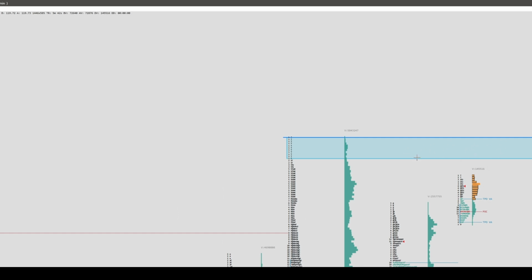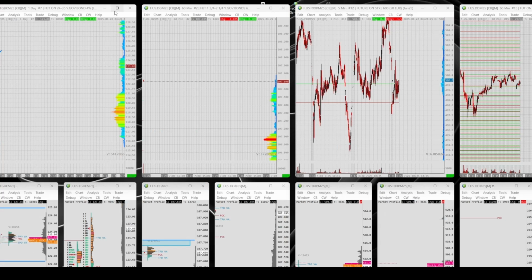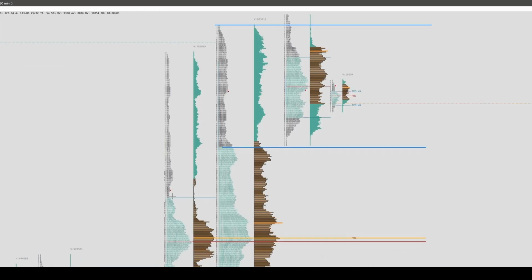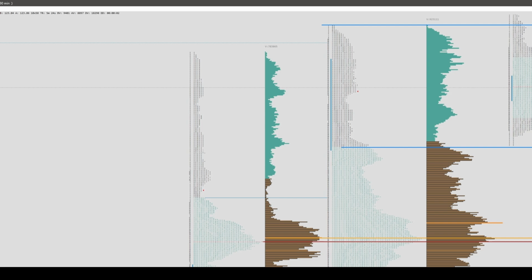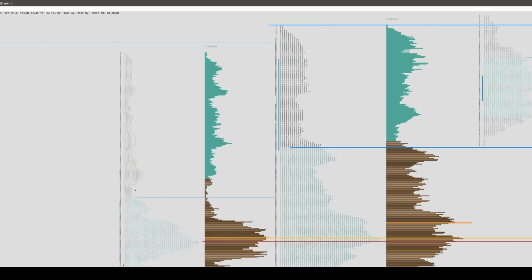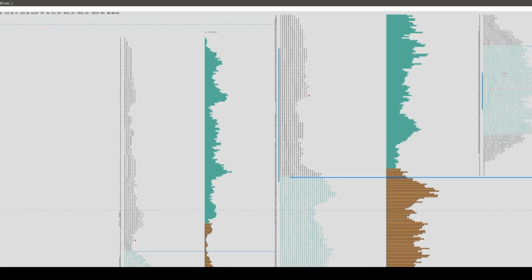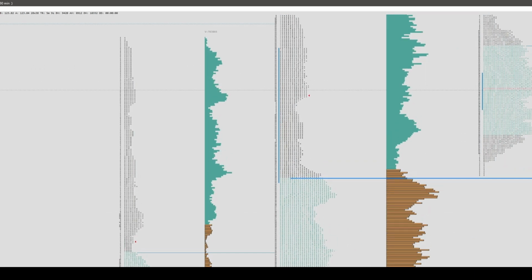So if we break this area, I would look for buys. Then for the Bobl, you can see on the weekly profile that the Bobl is pretty much accepting, or at least respecting this area on the TPO chart. So the point of control of the previous week.